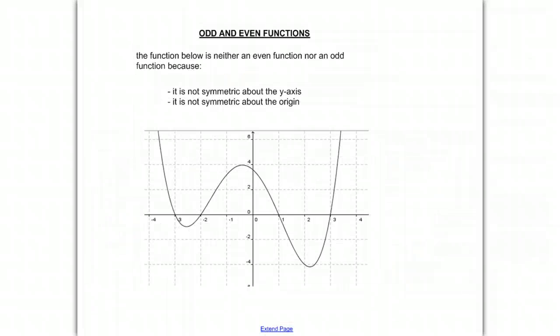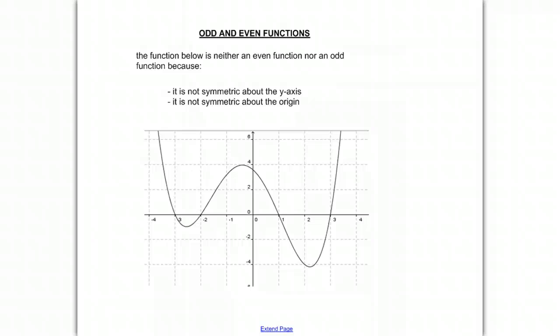In our last graph example, we're going to give an example of a function that is neither an even function nor an odd function. This graph below is neither odd nor even. Let's examine if it's even first. If it is even, it is symmetric about the y-axis.